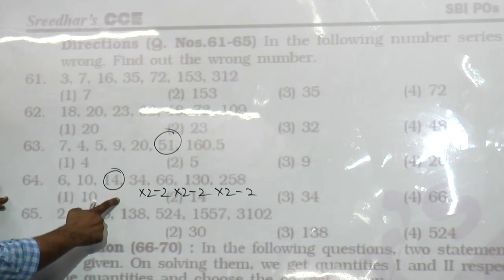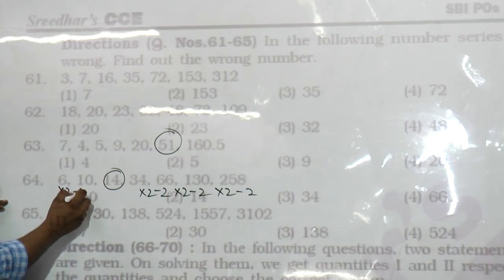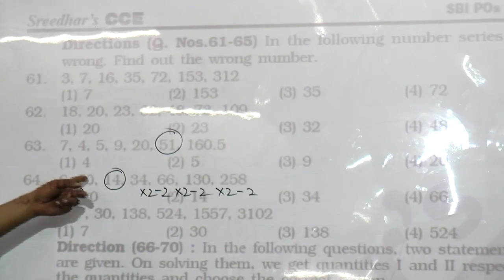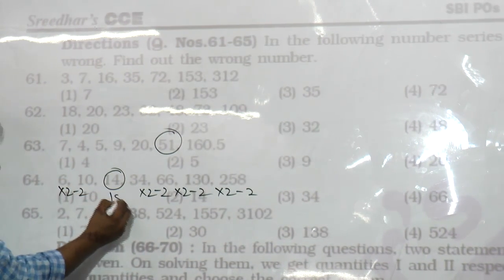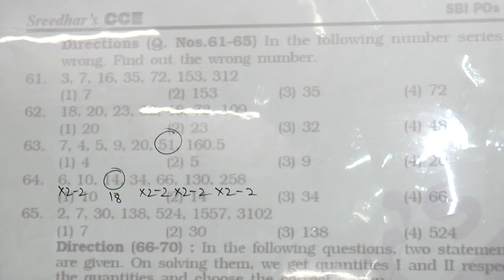You should have some other number. 6 into 2 minus 2 is okay. 10 into 2 minus 2, you should have 18. Instead of 14, you need to have 18.